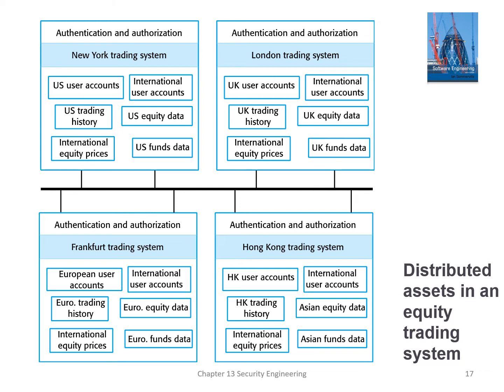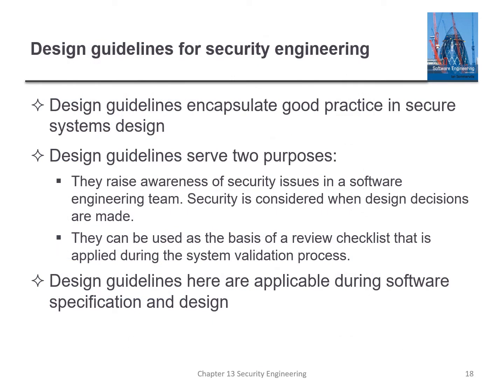The Hong Kong trading system, for example, is having only Hong Kong data. In case one of the systems goes down due to denial of service, the other branches are still able to run as normal.